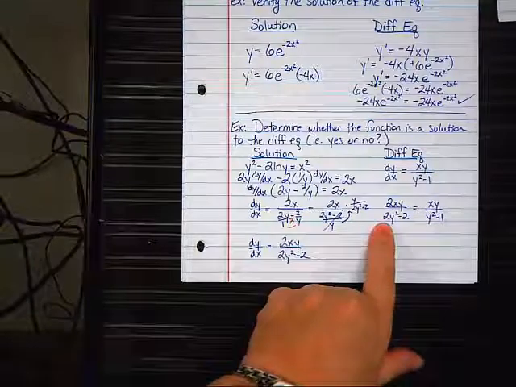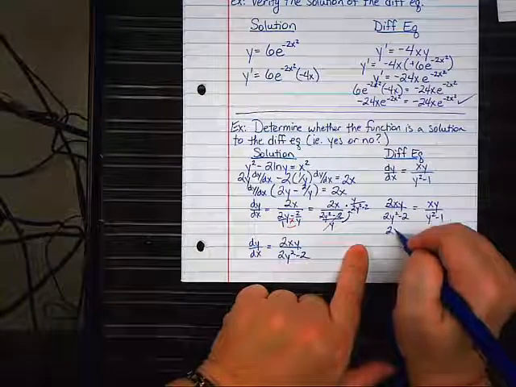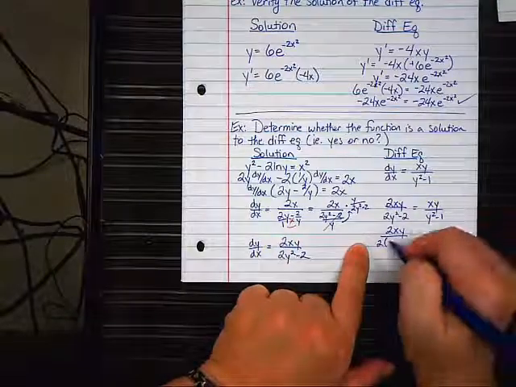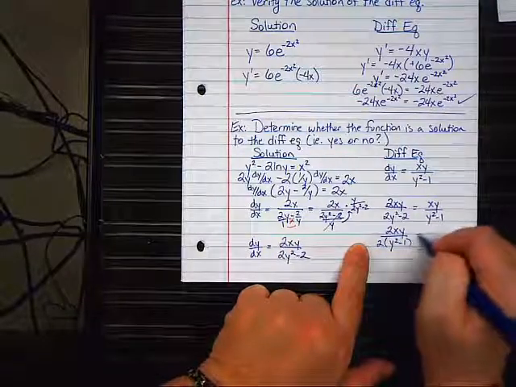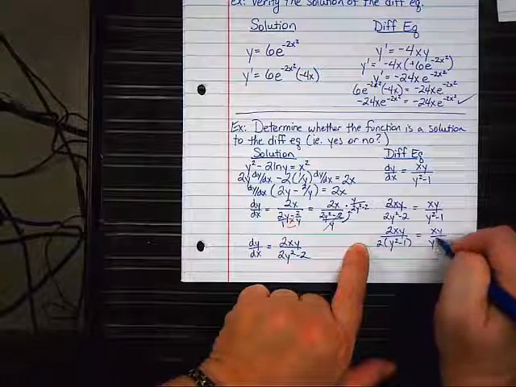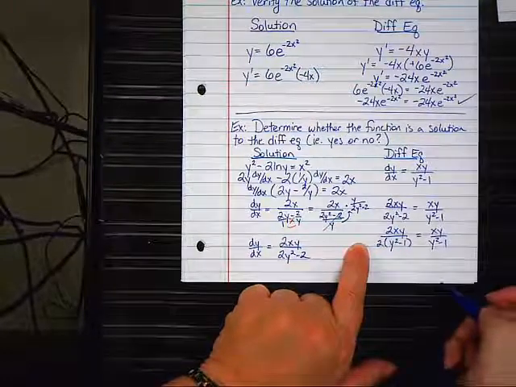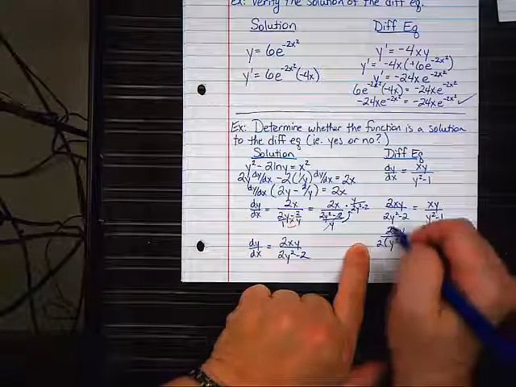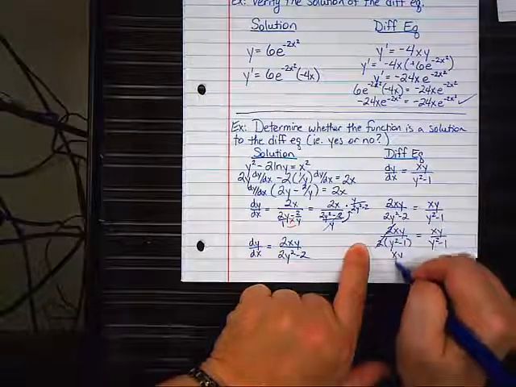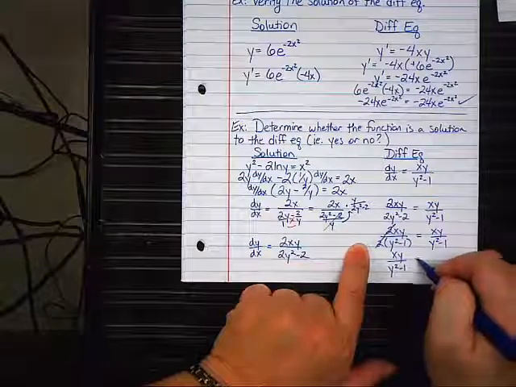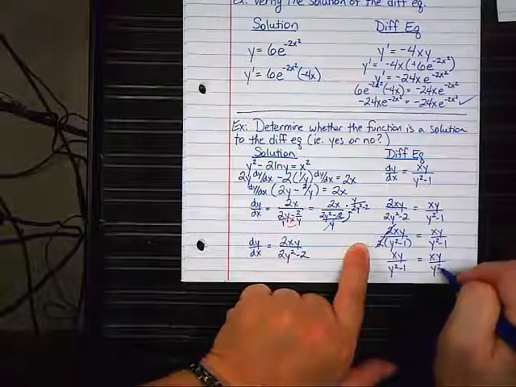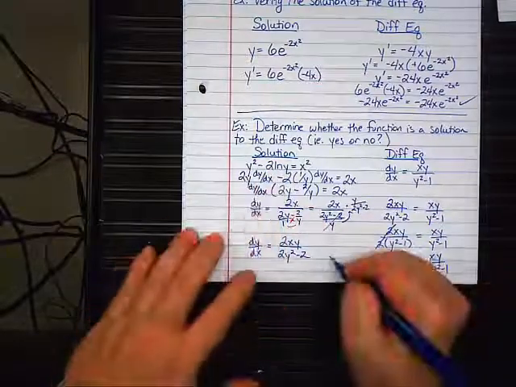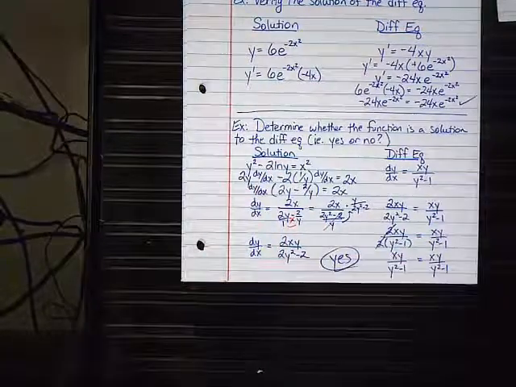How about factor the 2 out of the bottom? 2xy over 2 parentheses y squared minus 1 equals xy over y squared minus 1. And now what can I do? Cancel those 2's. And now they match exactly. Holy cow. Okay, this was a yes or no question, so is this the solution? Yes, it is, because it came out the same.